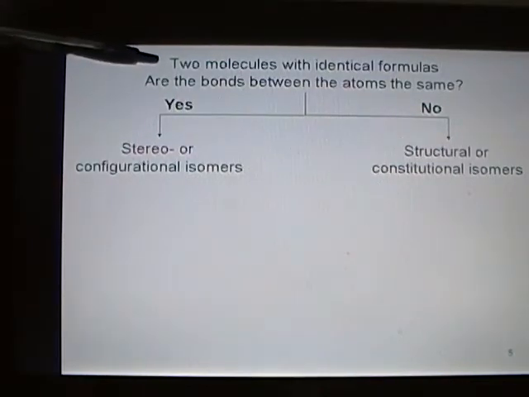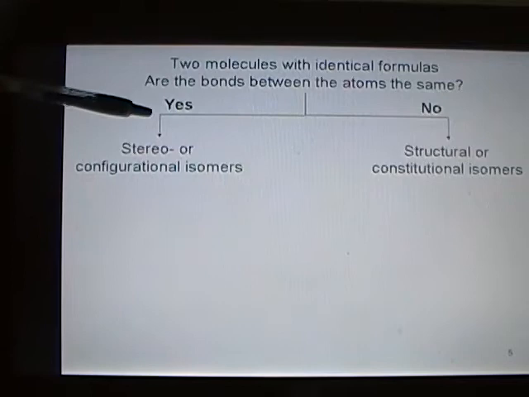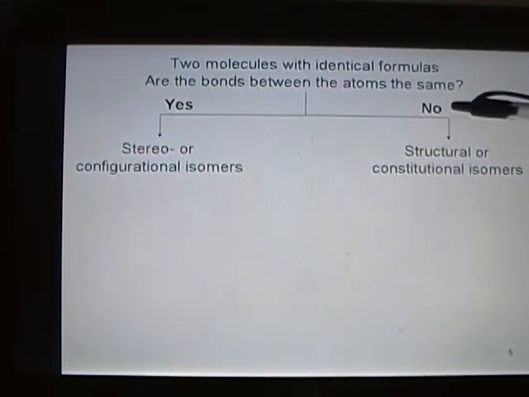We have 2 molecules with identical chemical formulas. The question is, are the bonds between the atoms in the 2 molecules the same? If we are able to say yes, those are stereo or configurational isomers, stereoisomers. If the bonds between the atoms are different, we have structural or constitutional isomers.